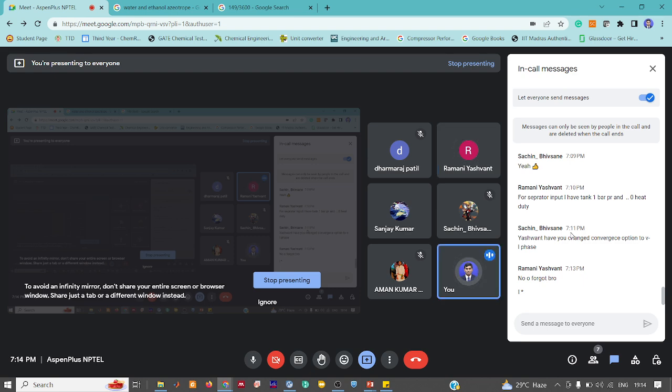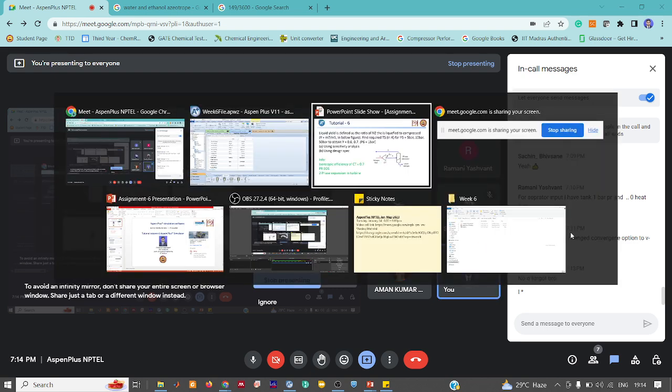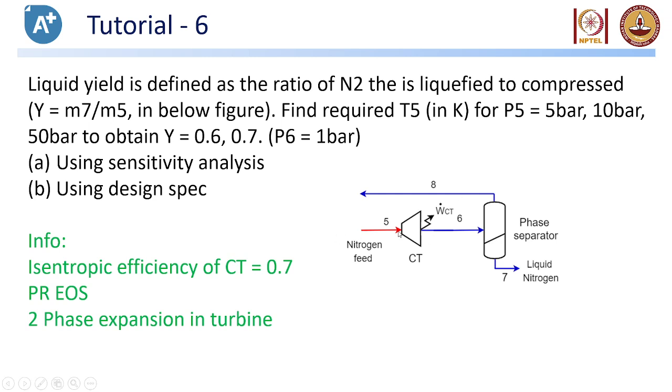Can you do a sensitivity analysis in this case and find out the temperature, or just vary the temperature, okay, and see at what temperatures you are able to get the fraction as 60% or 70%. The fraction is M7 to M5, which is the flow rate of nitrogen in stream 7 to flow rate of nitrogen in stream 5.